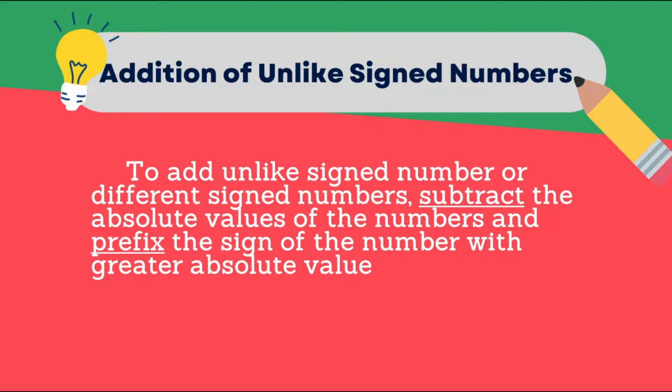So the rule is: subtract the absolute values of the numbers and prefix the sign of the number with the greater absolute value. So basic subtraction ang apply natin, and after that we are going to determine kung sino yung merong greater absolute value. Then yun yung sign na susundin natin. So let's have some examples for that one.